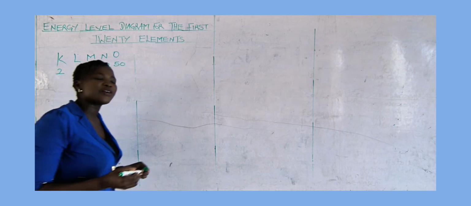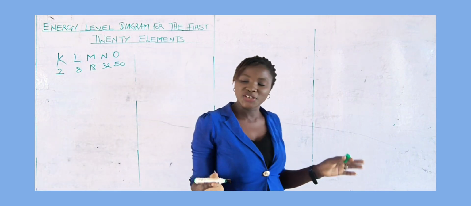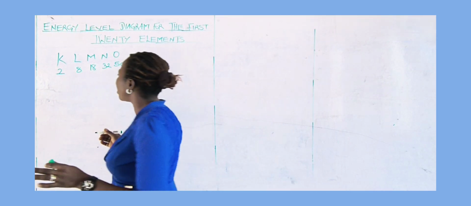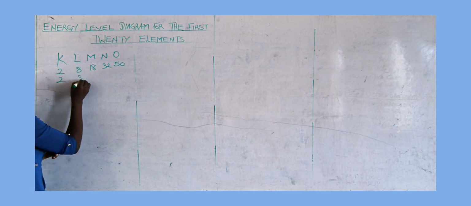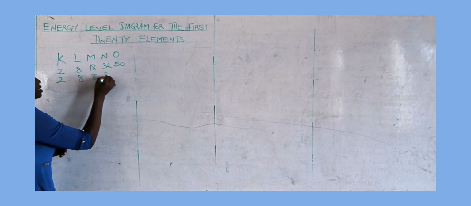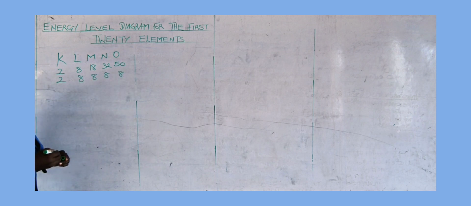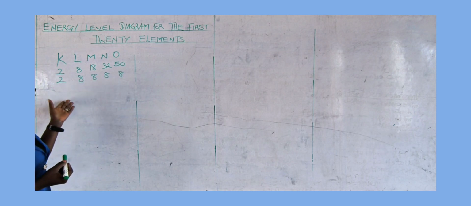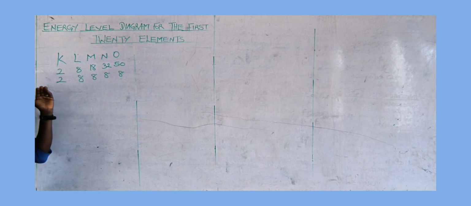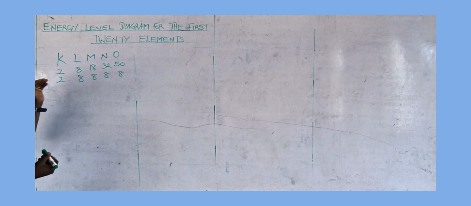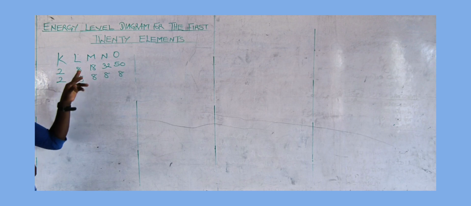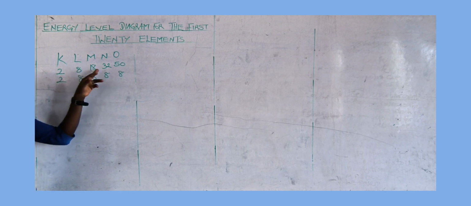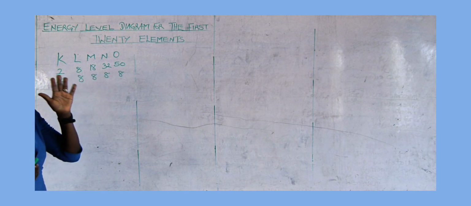But for the sake of the secondary school category, we are going to have our K remain 2, our L remain 8, and M we make it 8, 8, 8 for the secondary school level. But if you are asked an objective question on how many electrons will be on the K energy level, you tell them it's 2, for L is 8, for M is 18, for N is 32, while for O is 50.